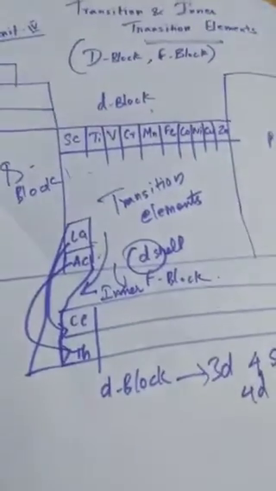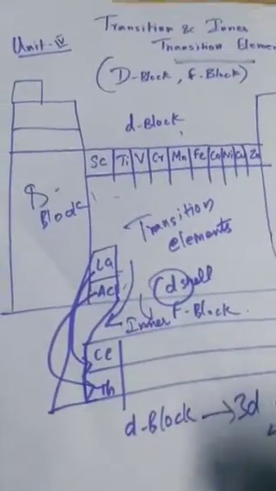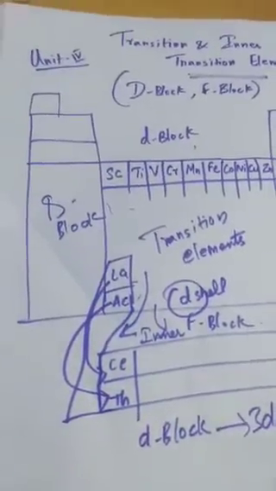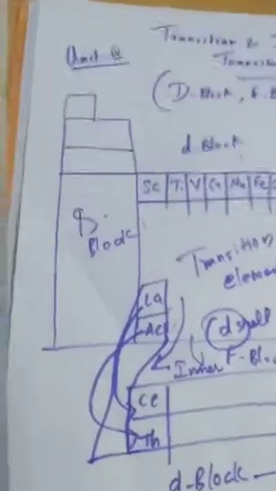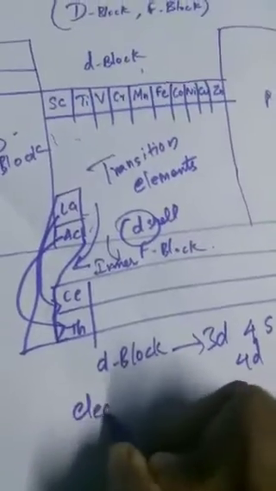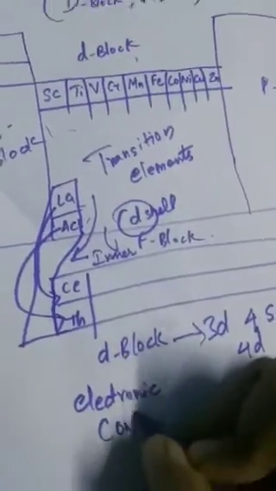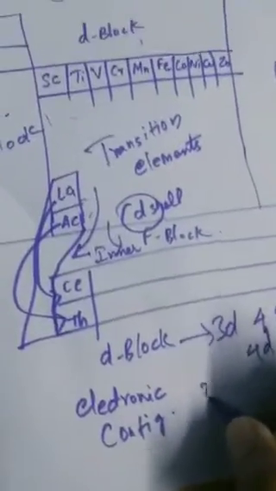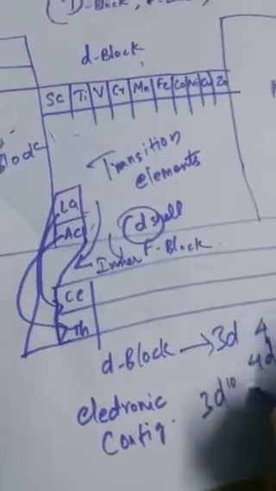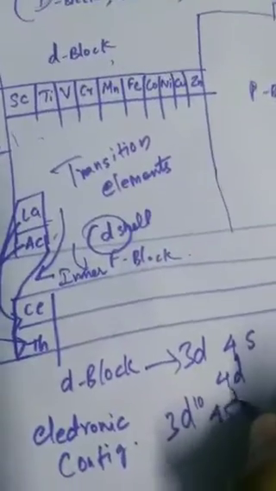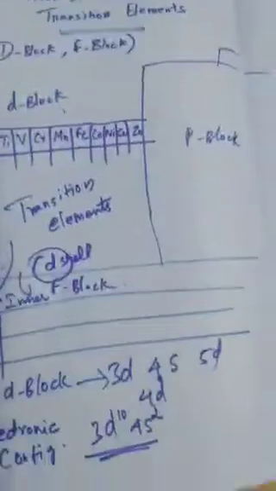So if we see the electronic configuration for the D block element, it will be 3D10 4S2. So these are the transition elements.